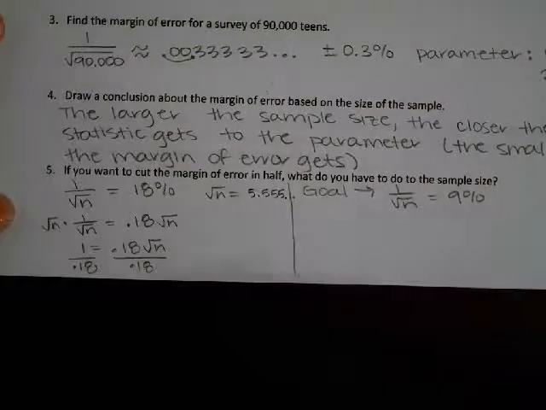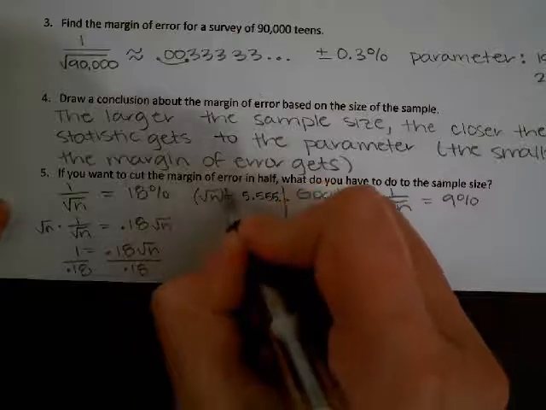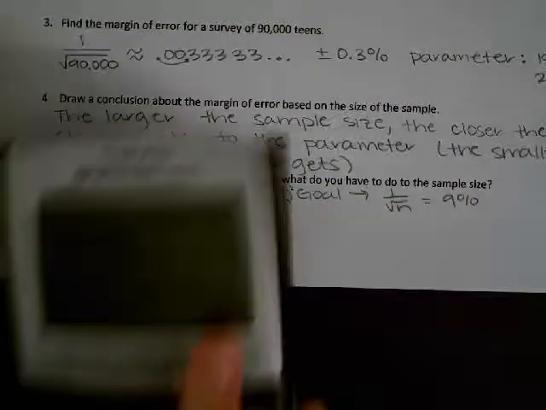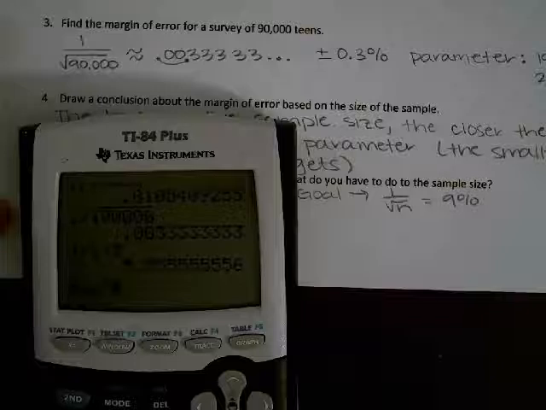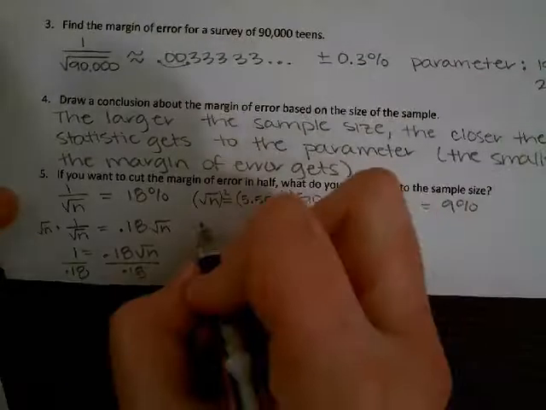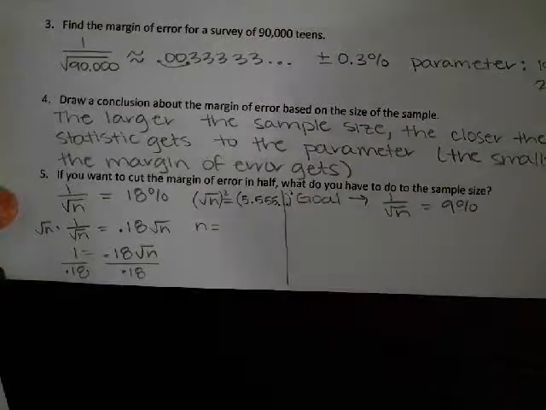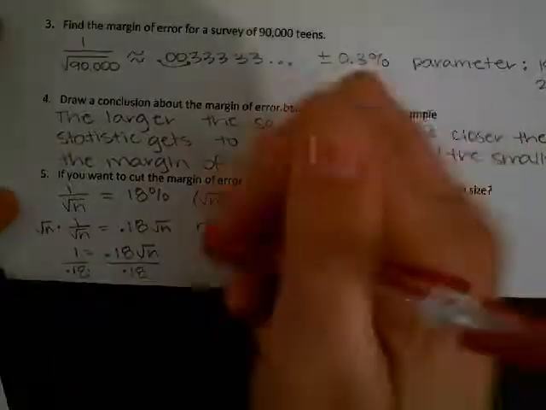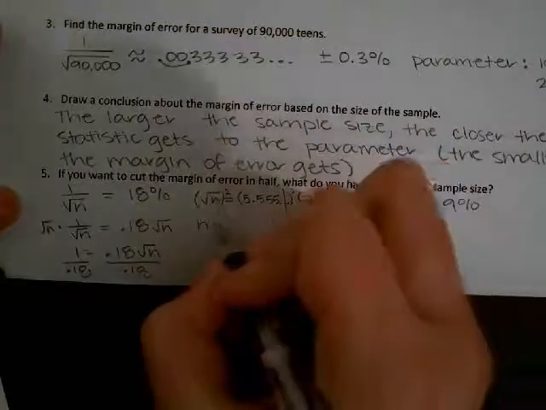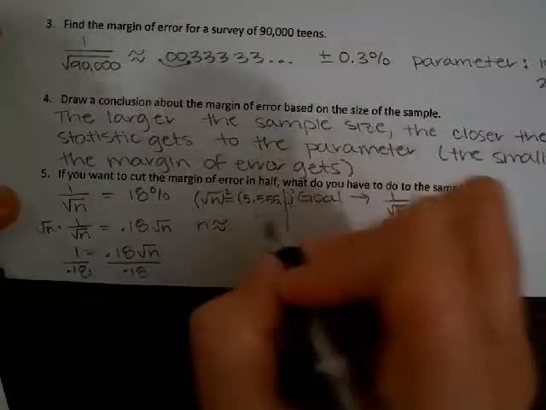And then I'll go ahead and square both sides. And so I'm going to go ahead and just take this and square it. So my n would need to be approximately 31 people, 30.86 people, to have a margin of error of 18%.